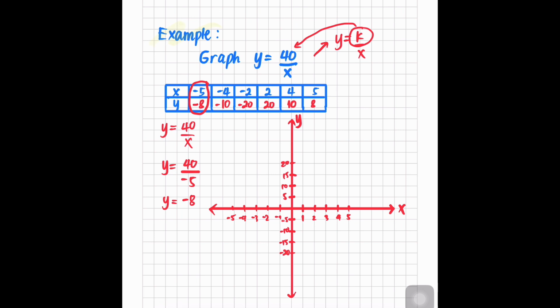Okay, now once the Cartesian plane is ready, we just simply plot all the points. The first pair is negative 5, negative 8, which is somewhere right here.